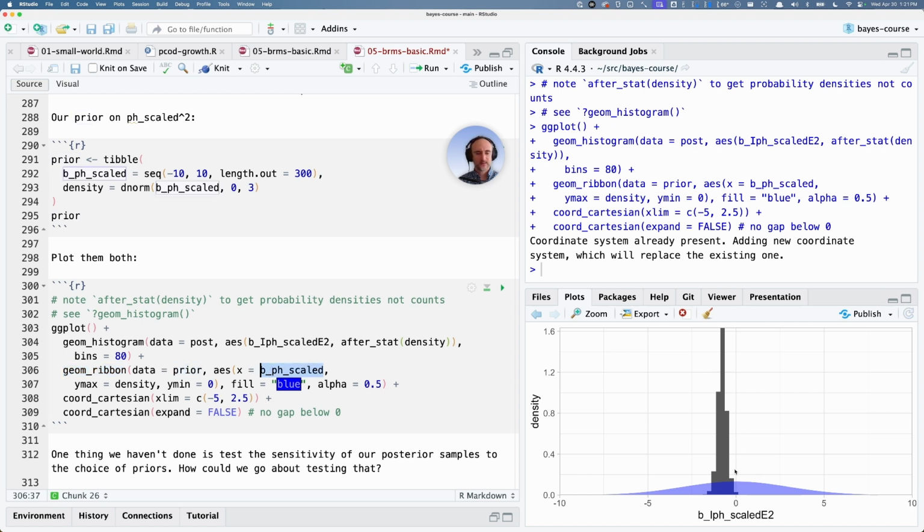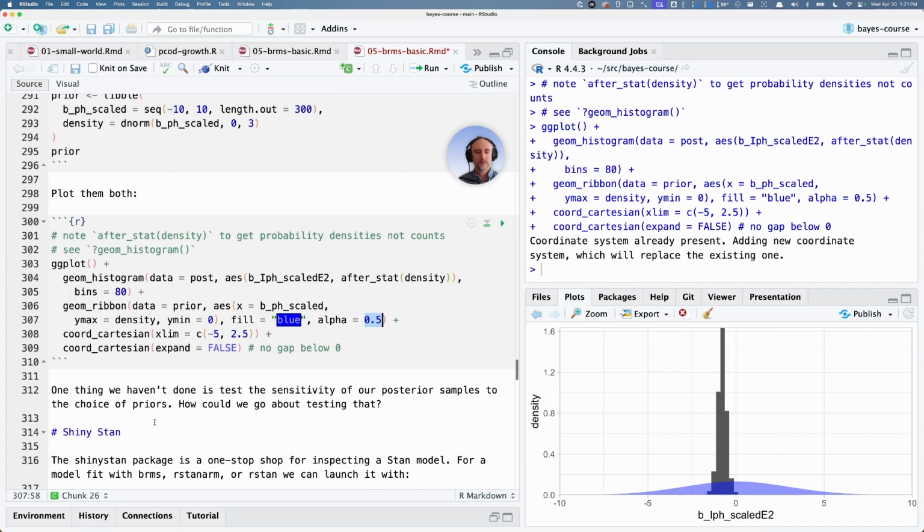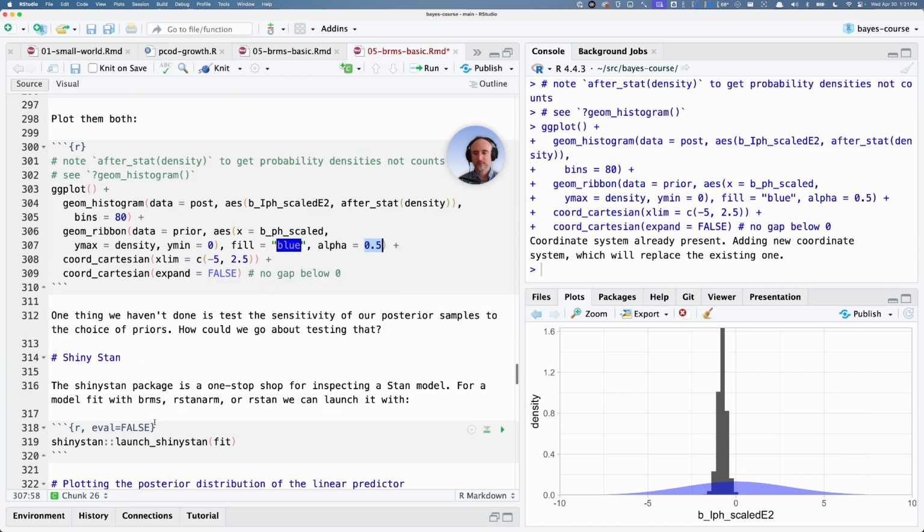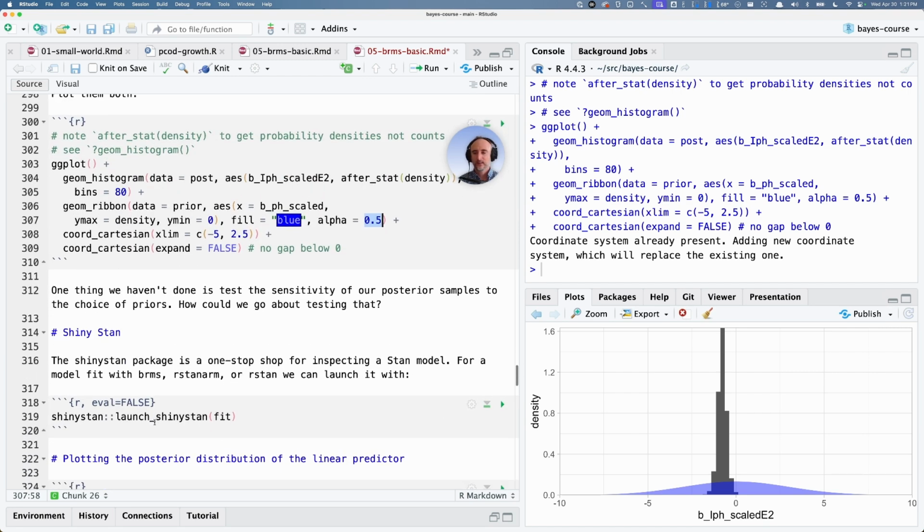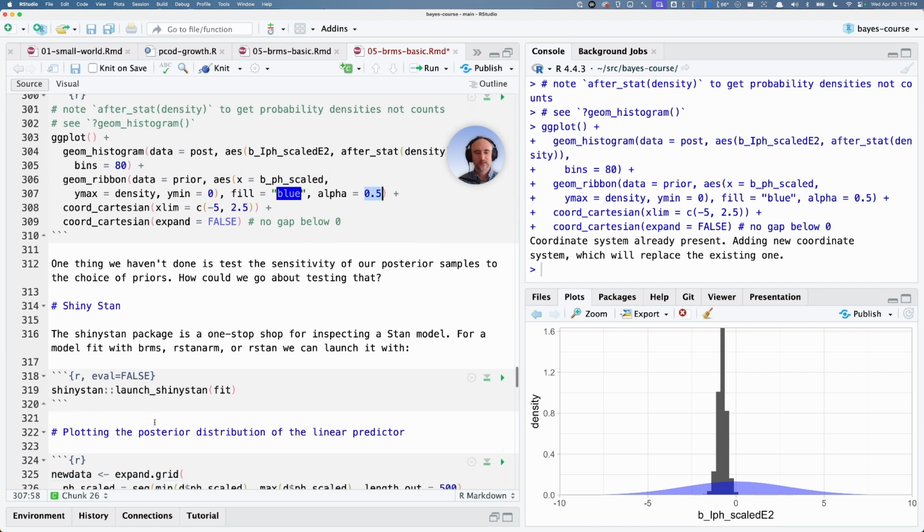The x is the pH that goes on the x-axis, and then the upper boundary of the ribbon is the density that I calculated right here, and the ymin on my ribbon is always 0, so that creates this ribbon that looks like this density with a bit of transparency. So that's an example of how I can overlay the posterior and prior, to make sure there's not a major disagreement between the two.